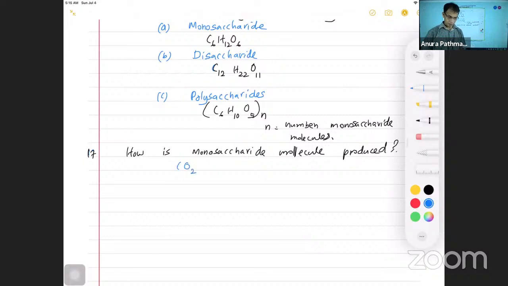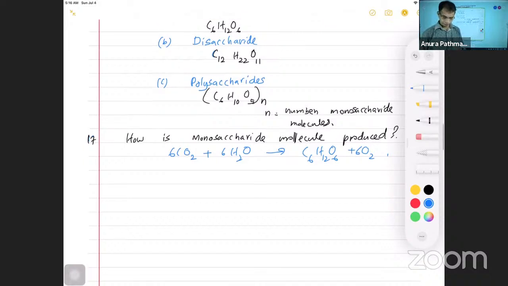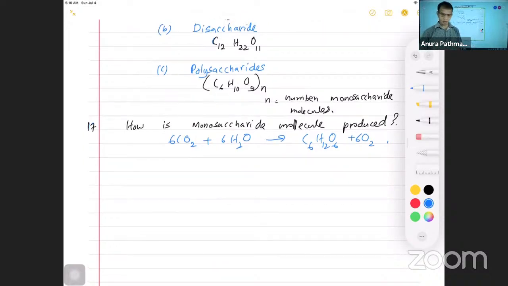Carbon dioxide, how many molecules? 6 CO2 and 6 H2O together will make C6H12O6 with 6 moles of oxygen. Can an ordinary cell do this? Can't. You need to have chlorophyll.